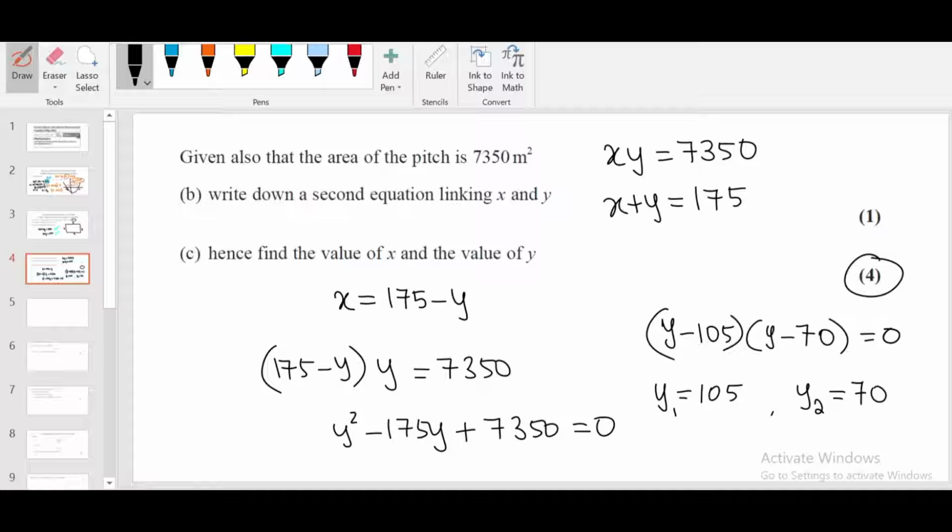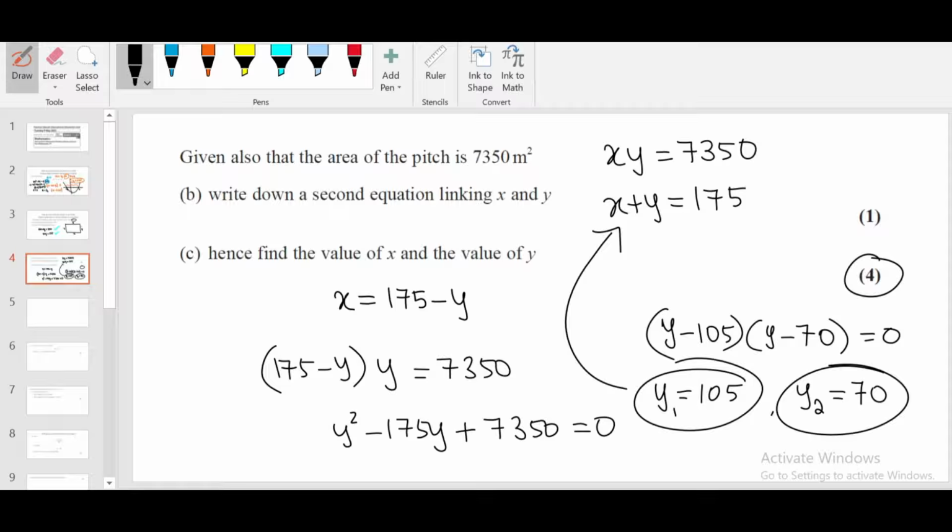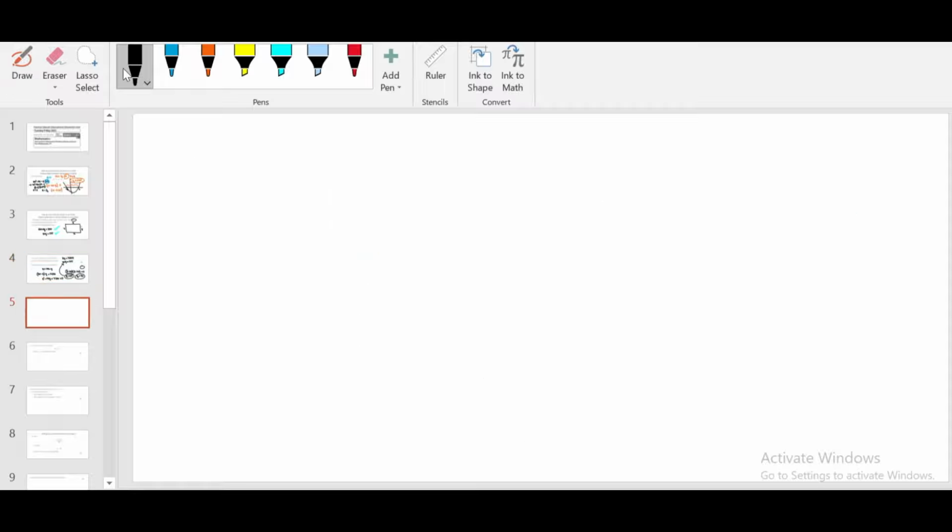So you got two y values. You need to sub in these 2 values in here and find the 2 x values. So we know x plus y is 175, and we got y is equal to 105, and so if y is 105, x is 70.